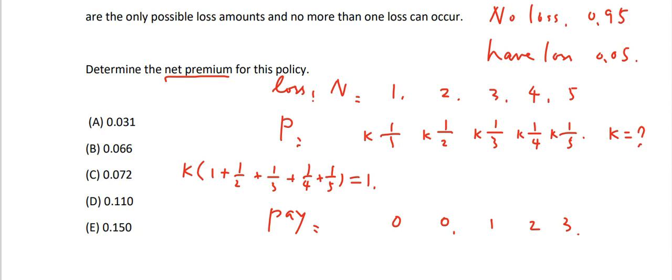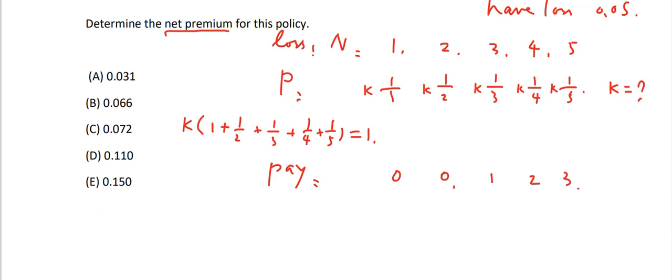Okay. So we want to check the expectation for payment. We can take payment equal to 1 and multiply by the probability of payment equal to 1.